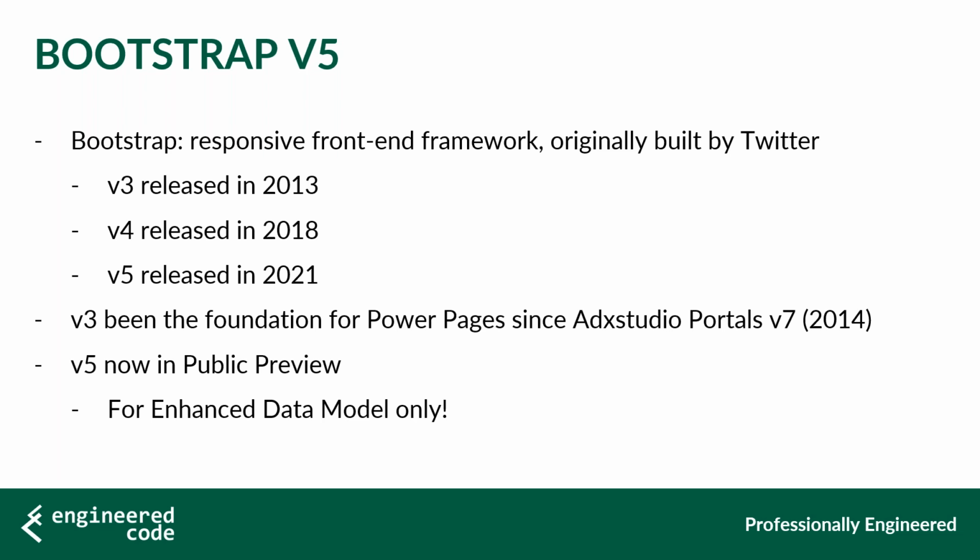So you can see the migration, but the documentation does reference that it is for the enhanced data model only. So for those of you wanting to get going with this on an existing site, it seems like we first have to get the answer to how we are going to migrate from the standard data model to the enhanced data model. So all things to be aware of.